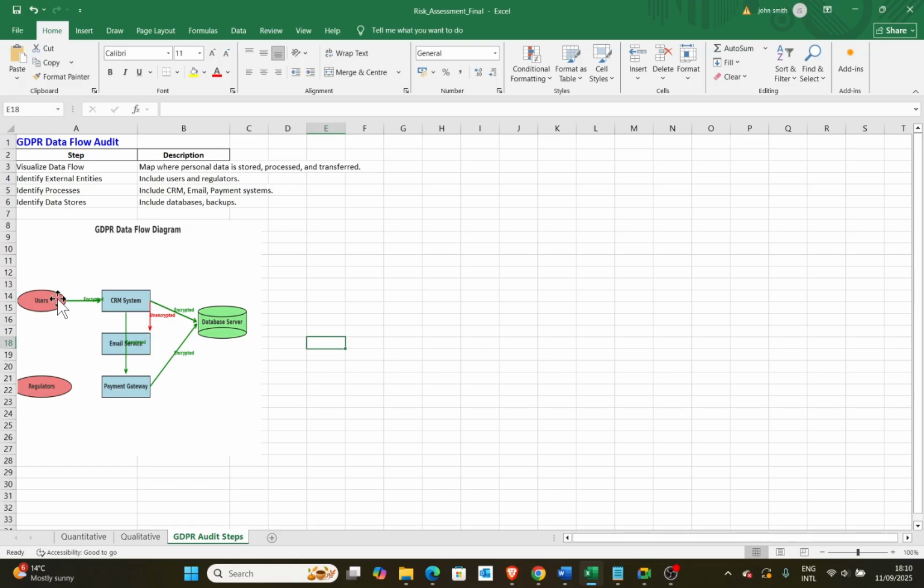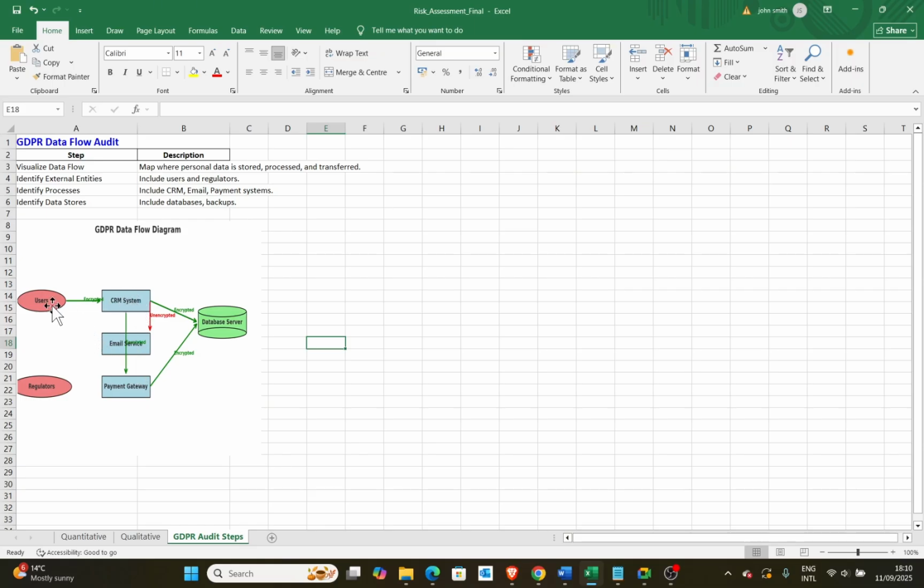So we have the users and regulators here. So the users input their data to the CRM system, and it must be encrypted because you guarantee them that you are going to secure their data for them. So it must be encrypted whenever the data is moving from one platform to the other.